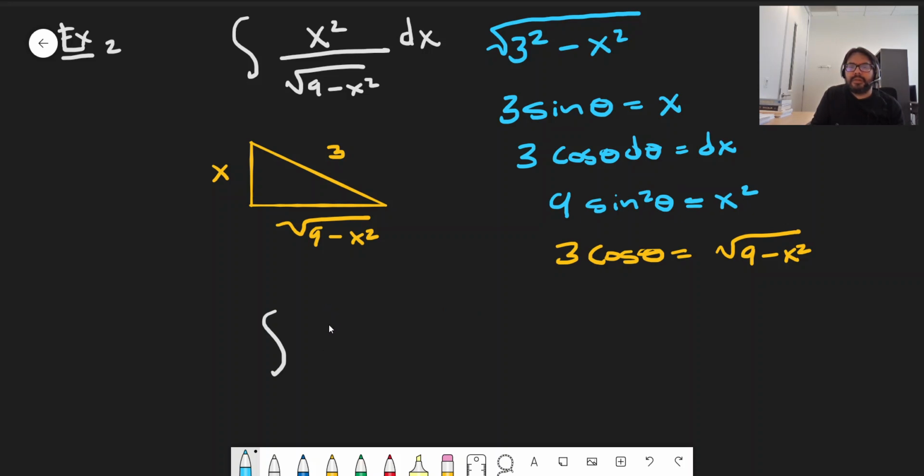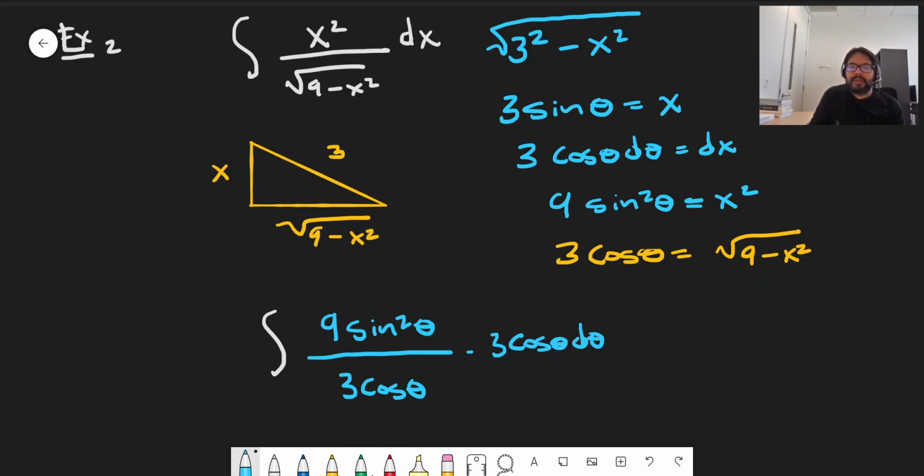Now, in this case, that's going to give us 9 sine squared theta divided by, well, we said that this is going to be 3 cosine theta. But what is dx? Dx is actually going to be 3 cosine theta d theta.